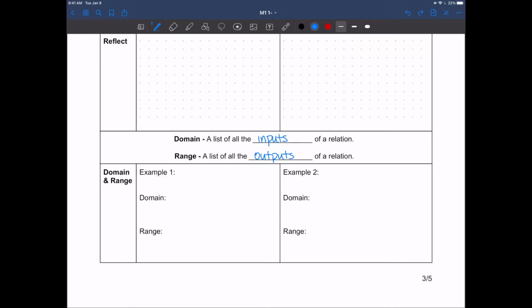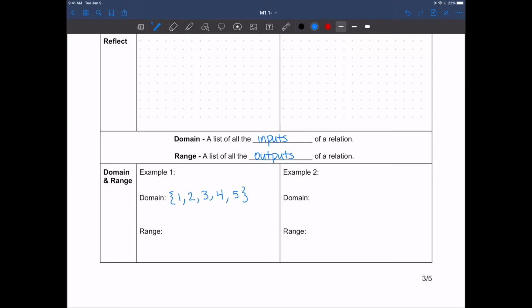So the domain, I need to go ahead and make a bracket. And the first input was a 1. We had 2 2s, but I only need to write it once. We had 1 3. We had 2 4s, but I only need to write it once, and we had 2 5s. I only need to write it once, and then the bracket to close it.